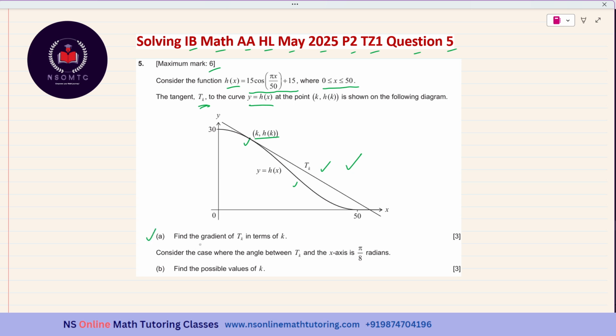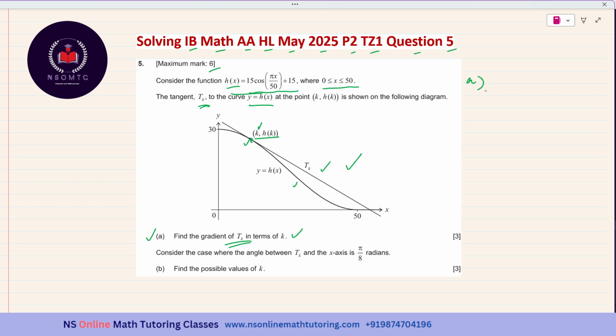Part A's question is: find the gradient of TK in terms of k. So the gradient of TK will be the gradient of this curve at the point where x equal to k, so we have to get the first derivative.